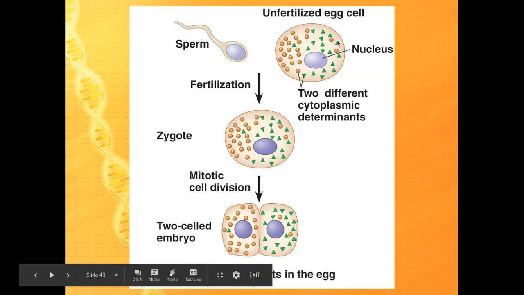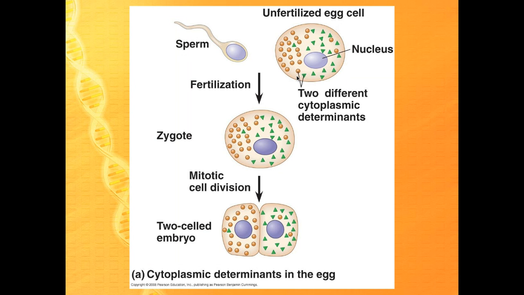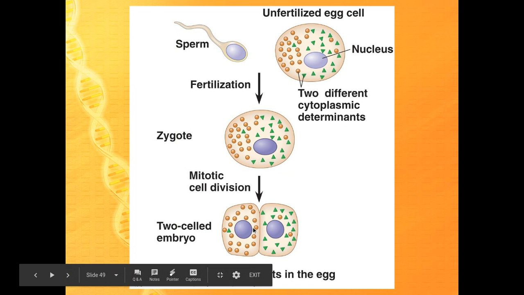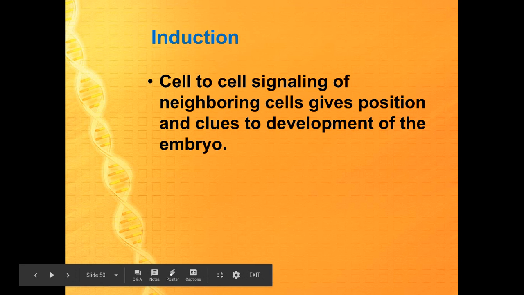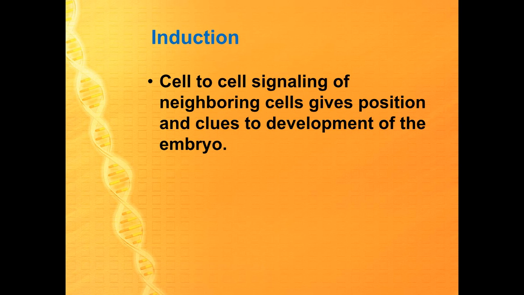So you see the unfertilized egg cell, 2 different cytoplasmic determinants. The zygote is formed. The first cell division happens through mitosis. The zygote becomes an embryo, and we get a lot of the triangles on one side. That's going to become one cell type. The ball side or the sphere side is going to become a different cell type. Then we get this process of induction where we get cell-to-cell signaling.